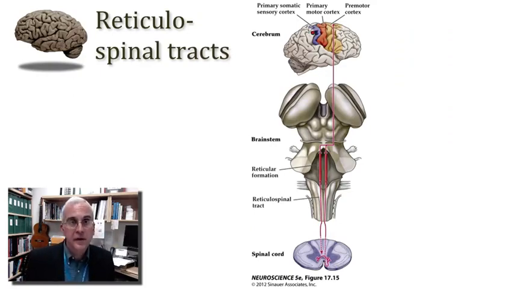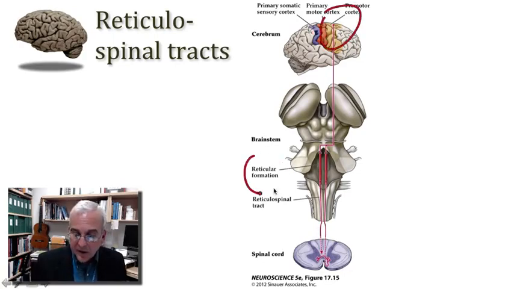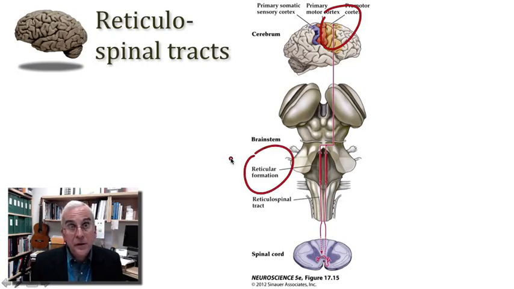The implication anatomically is that there ought to be connections from our premotor cortex down to the reticular formation, and indeed there are. There are projections that emanate from our motor cortex that are informing these neurons in the reticular formation, probably bilaterally, about the activity that's about to be performed.